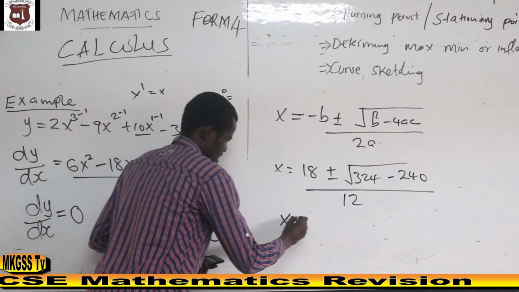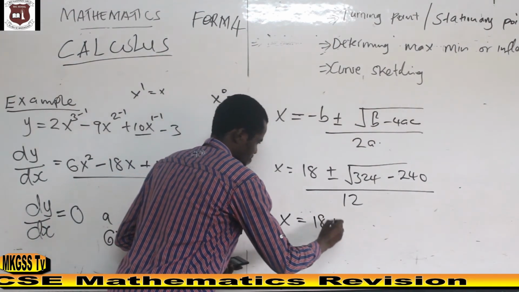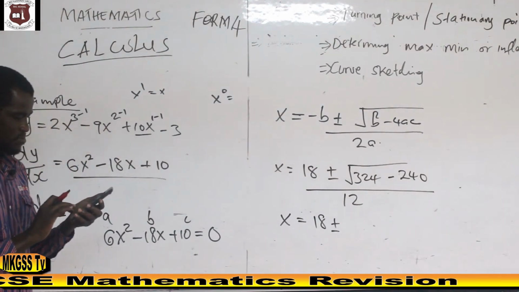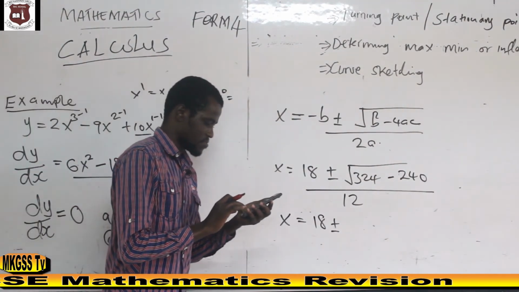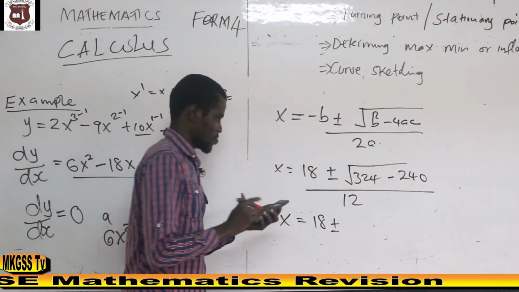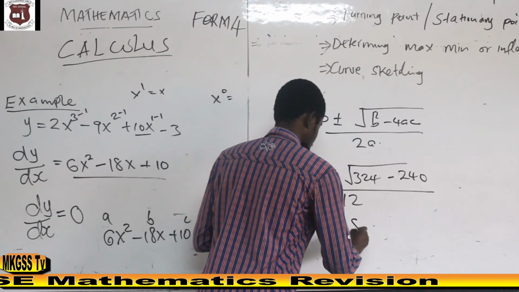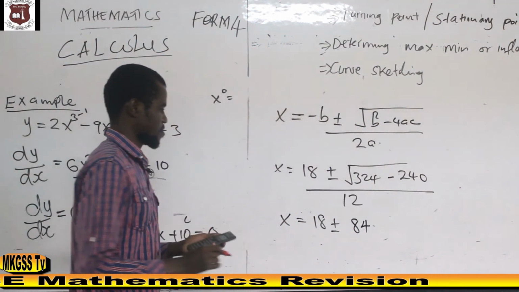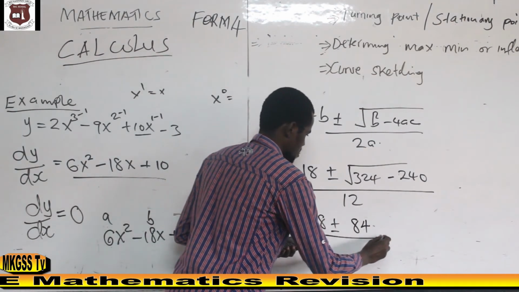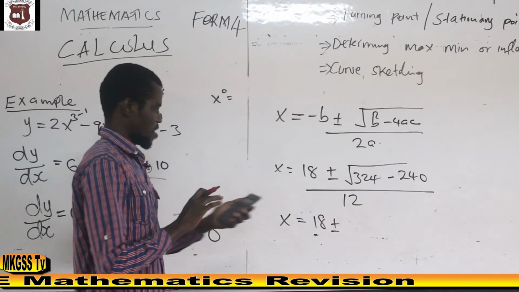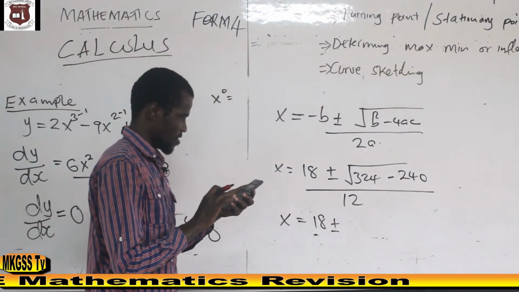So let's get x, that is 18 plus or minus the square root of 324 minus 240. First of all, subtract what we have in the square root sign.